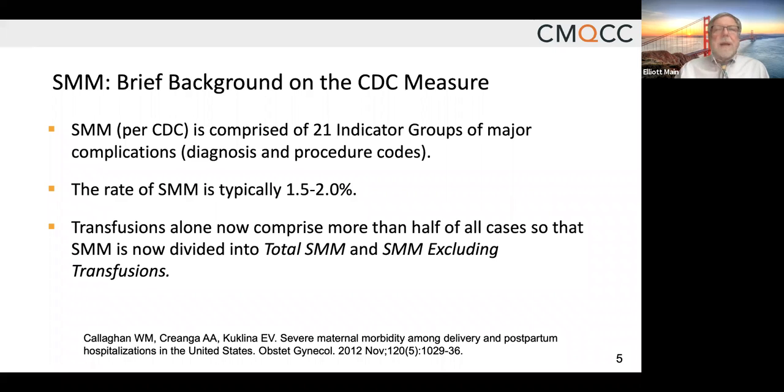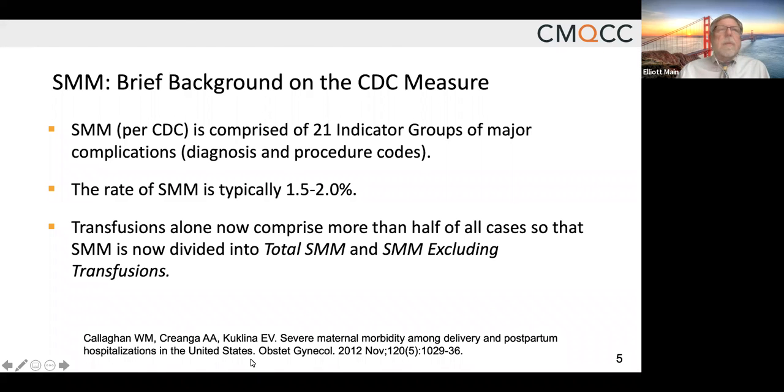What's been a finding of the last decade is the continuing rise of the rate of transfusions, so they now comprise more than half the cases of severe maternal morbidity. So now we actually think of it in terms of two measures, total SMM and SMM excluding transfusion codes.